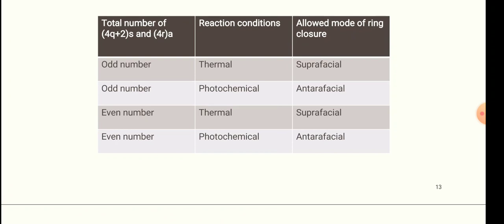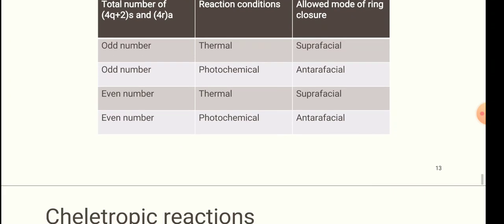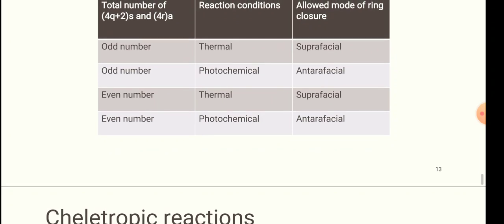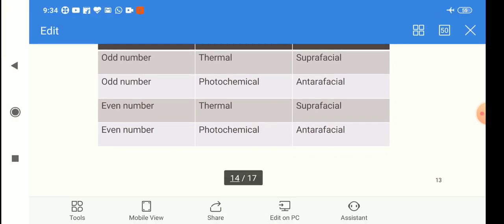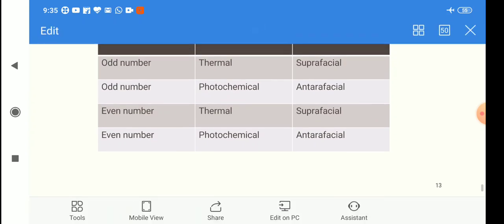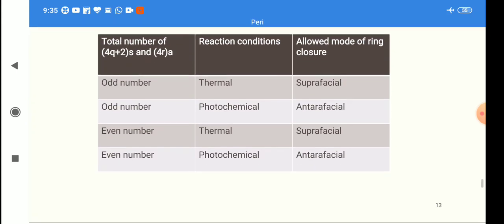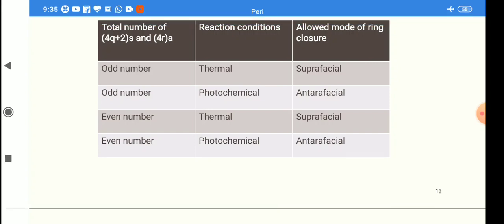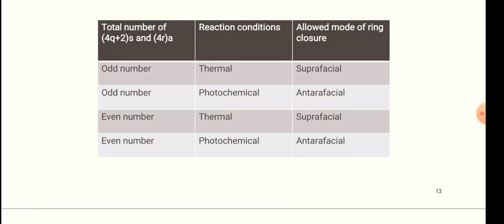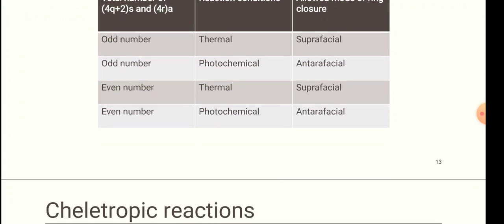If it is odd, then the reaction condition will be thermal and suprafacial. Again if odd, it is photochemical and antifacial, and if the total number is even, then it is thermal and suprafacial. If it is an even number, photochemical and antifacial.